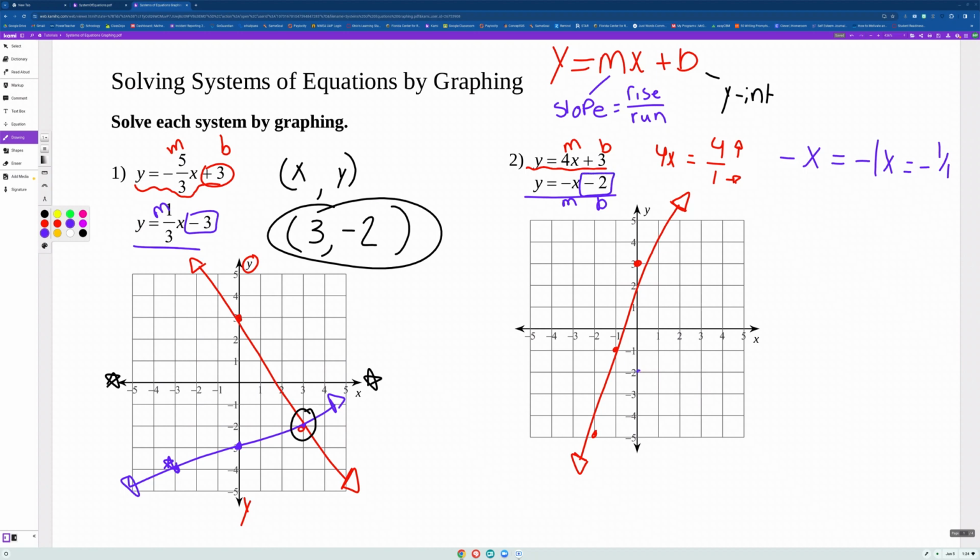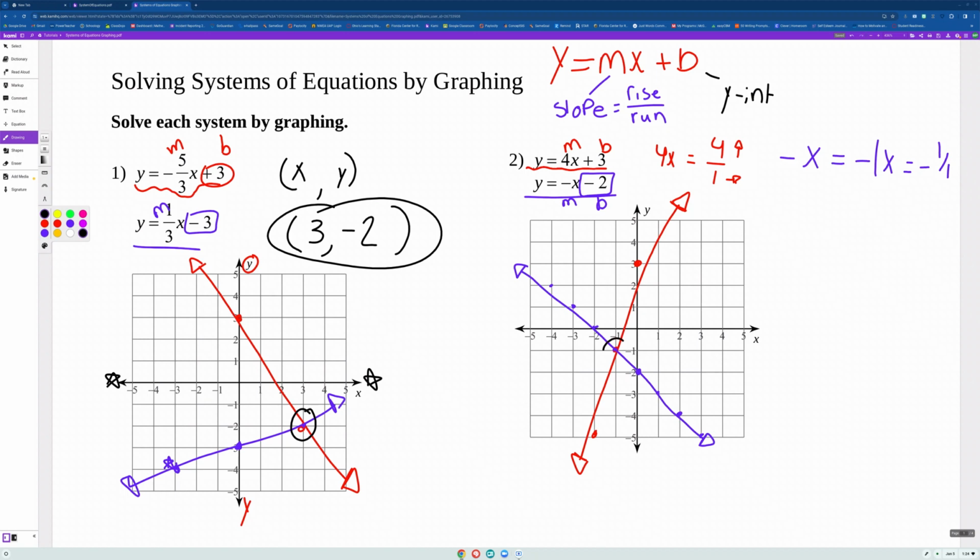So I'm going to graph my negative 2. And I can either go up 1 to the left 1, or I could go down 1 to the right 1. Either way, we'll still get this line. And by now, if you guys haven't seen where it's going to intersect, hopefully now you can.